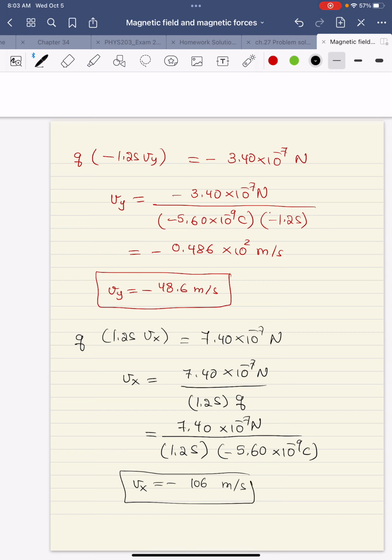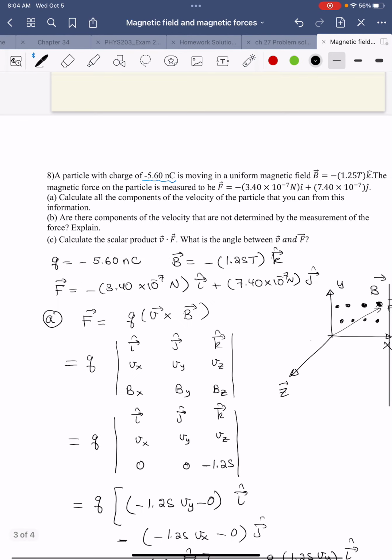Now, of course, we know that Vz is 0. And this is answering the second question.